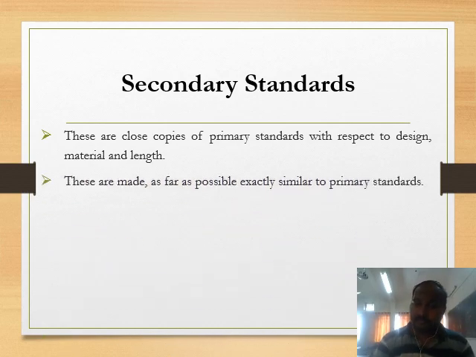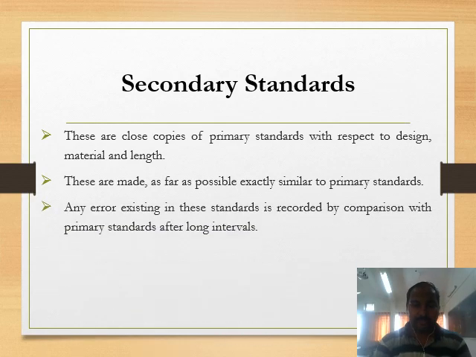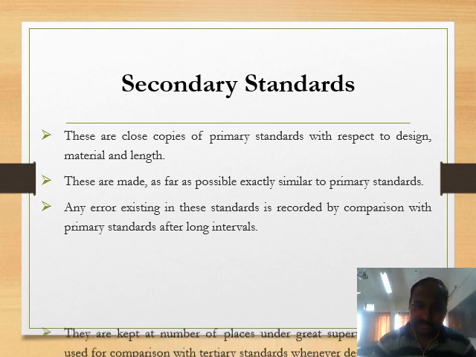These are made as exactly similar copies of the primary standards, and any error existing in them is recorded by comparison with the primary standards. After very rare intervals, the primary standards are taken out and compared with the secondary standards.